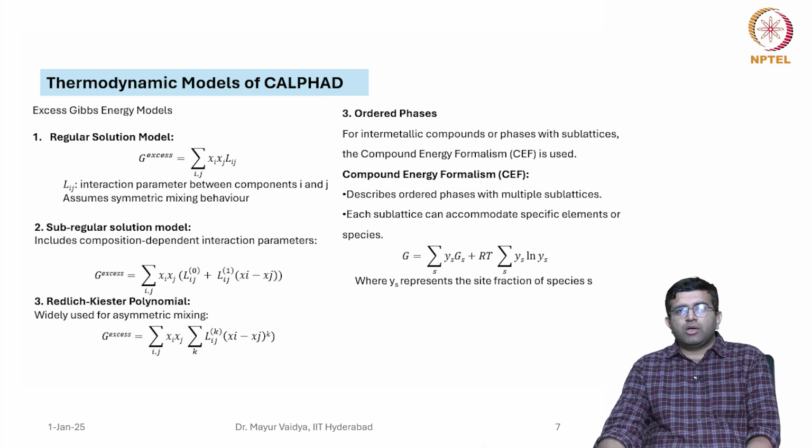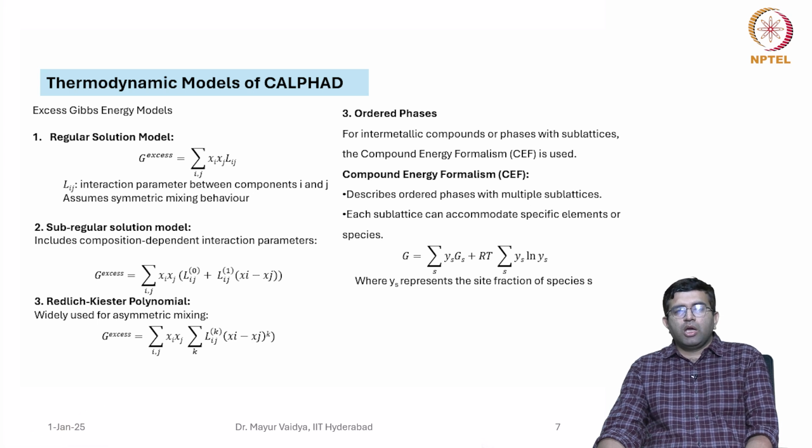As I already said, it implies a variety of mathematical models to describe the Gibbs energy of individual phases in a system. What I have written is for the pure substance, for which the Gibbs energy is expressed as a function of temperature and pressure. H is the enthalpy at temperature T and S is the entropy at temperature T.